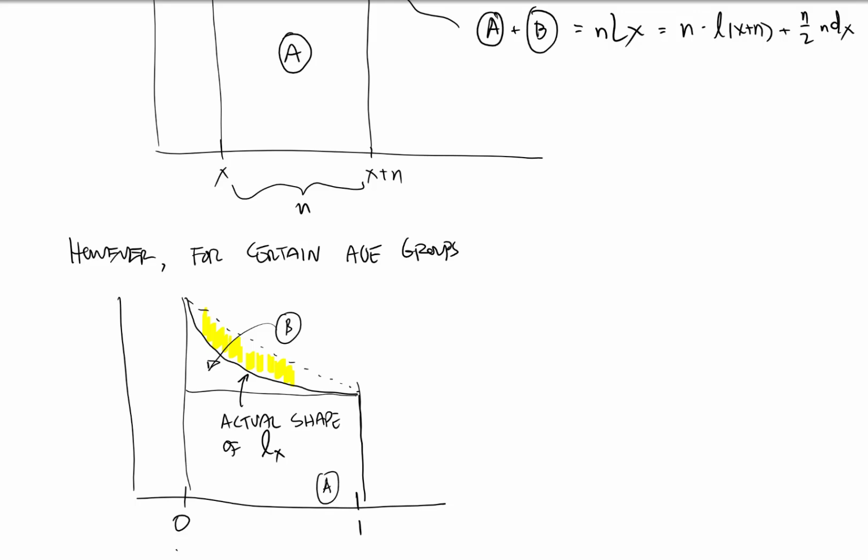So in that particular instance, A is okay. We can still estimate that by n times L1. But in this case, B isn't 1/2 of the base times the height. It's a little less than 1/2 of the base times the height.